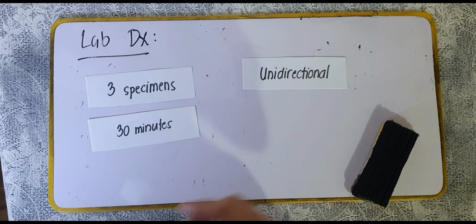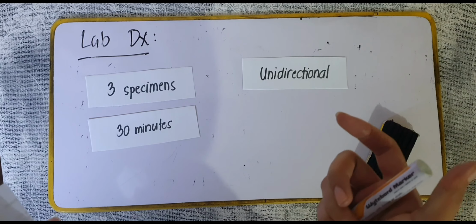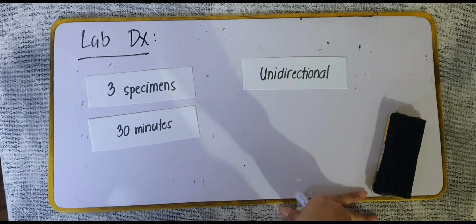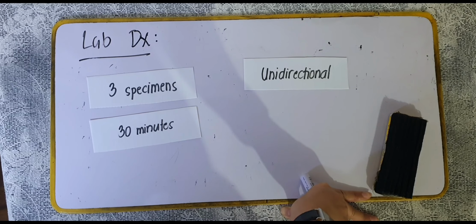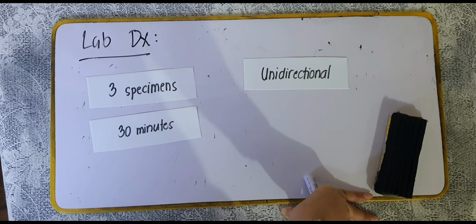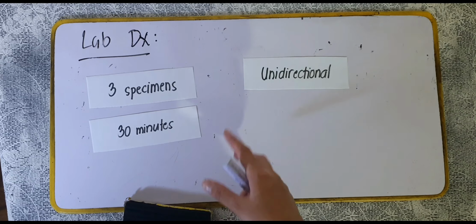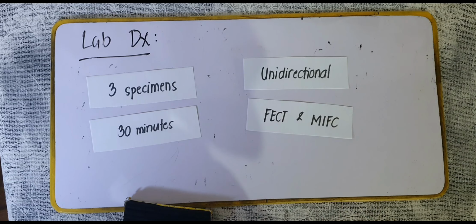motility. And then, concentration techniques such as your FECT and your methylene iodine formalin concentration technique are said to be more sensitive than the direct fecal smear examination. Now, for your direct fecal smear examination, the NSS, you can actually add methylene blue.